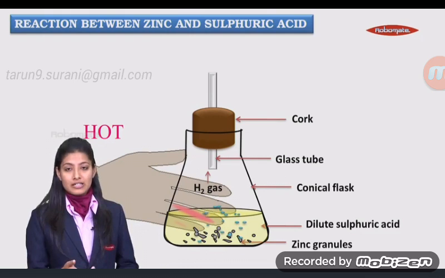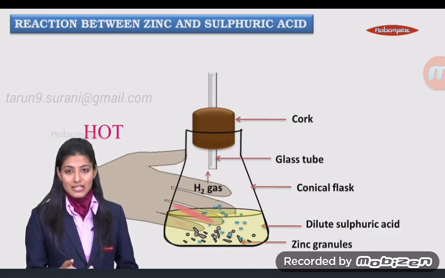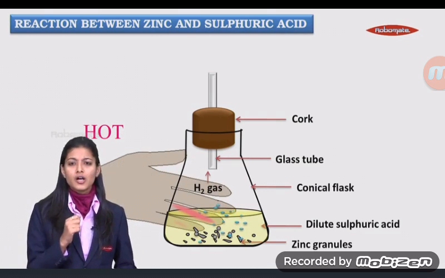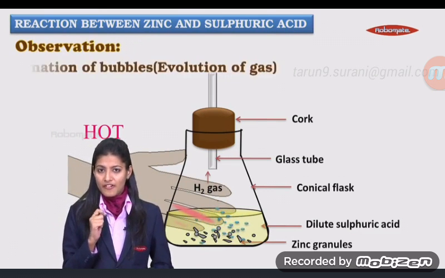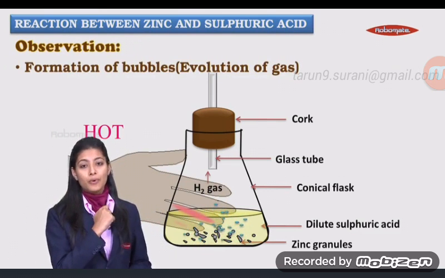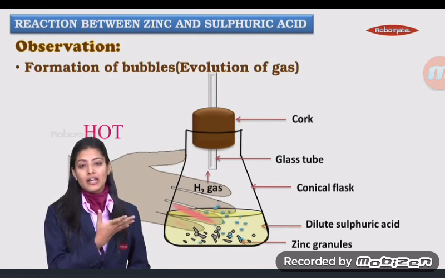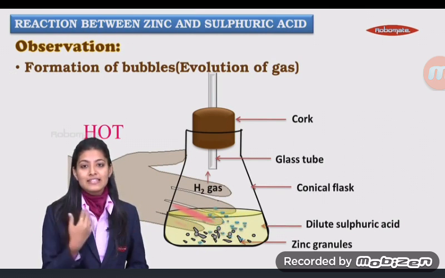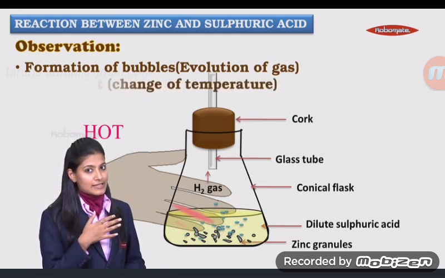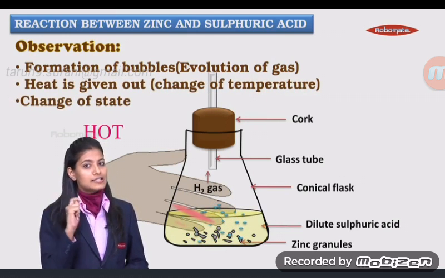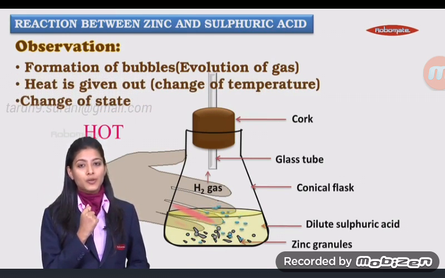So the very first observation was formation of bubbles, which states that evolution of gas is taking place. Besides that, the flask was hot, stating that heat was given out during the process.